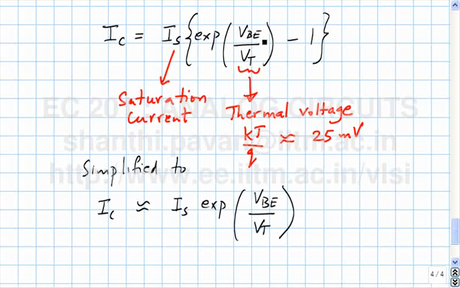Even if VBE is, let's say, 3 or 4 VTs, that's 100 millivolts or so, you can see that e to the power 4 is about 50 or 60. That's much larger than 1. You can neglect the 1 in relation to the exponential VBE by VT.